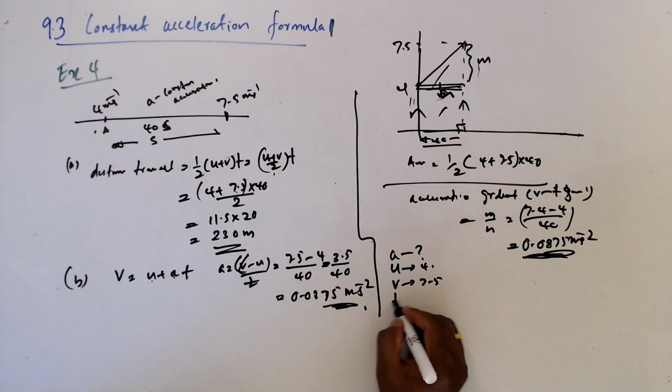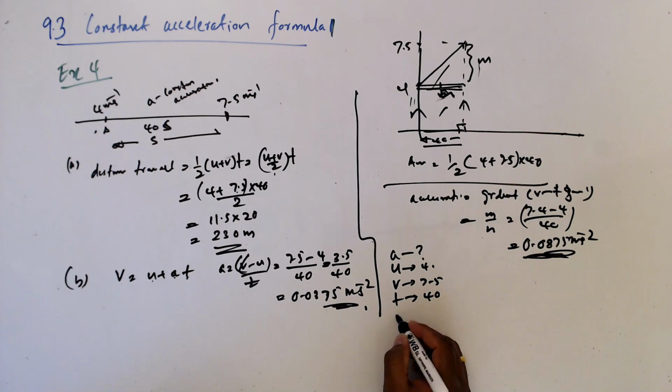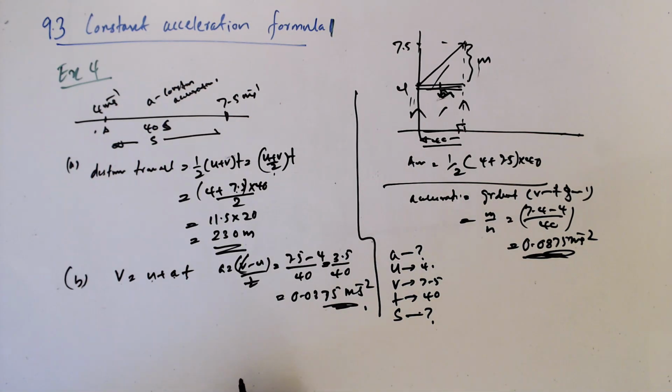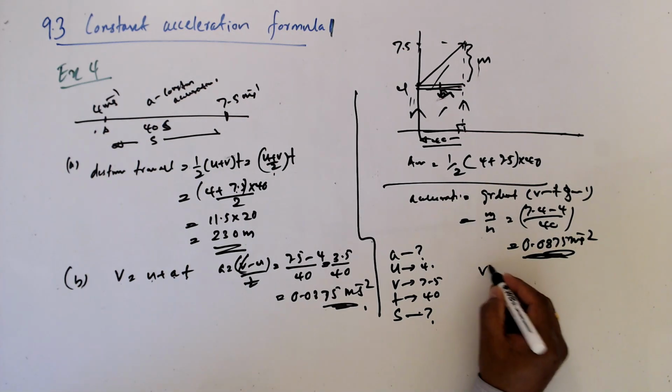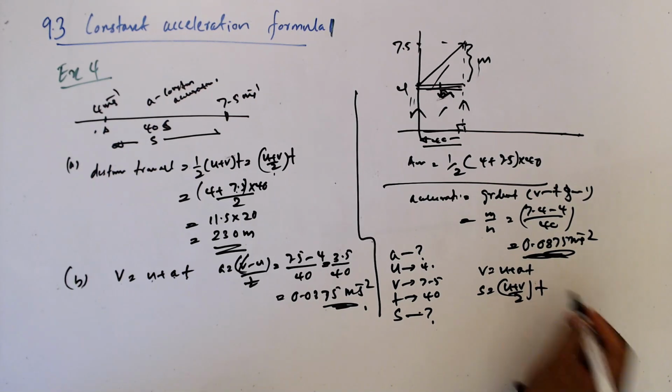Then t we know, that is 40, and S we don't know. Now we have two equations in hand. One is v equals u plus at, the other one is s equals u plus v divided by 2 times t.